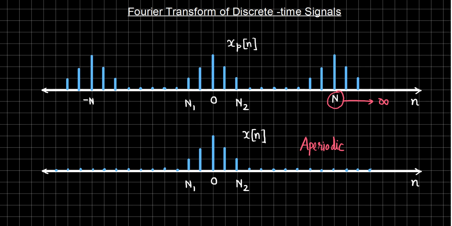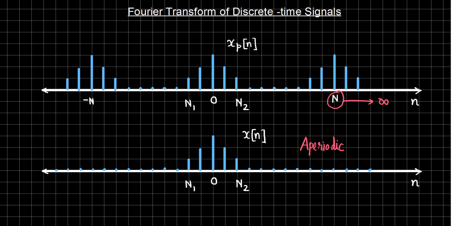So we may take any N samples in the interval. So I would be choosing the interval that is convenient to me. I'll be choosing the interval, for example, from minus N by 2 to N by 2, or I may choose anywhere in between.